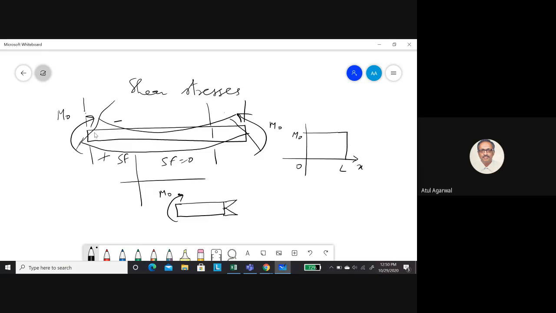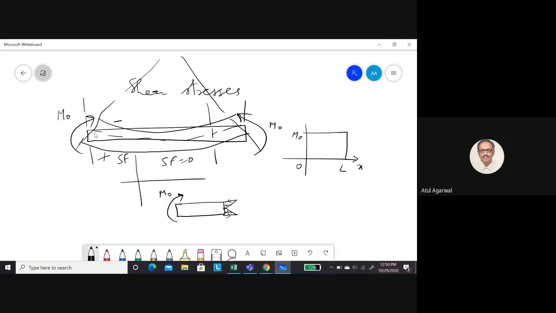You see, this is a neutral surface. Contraction in this upper layer and tension in the lower layer, stretching of the lower fibers. So that means there is tensile stress here and compressive stress here. On this face, there is a compressive stress, tensile stress.